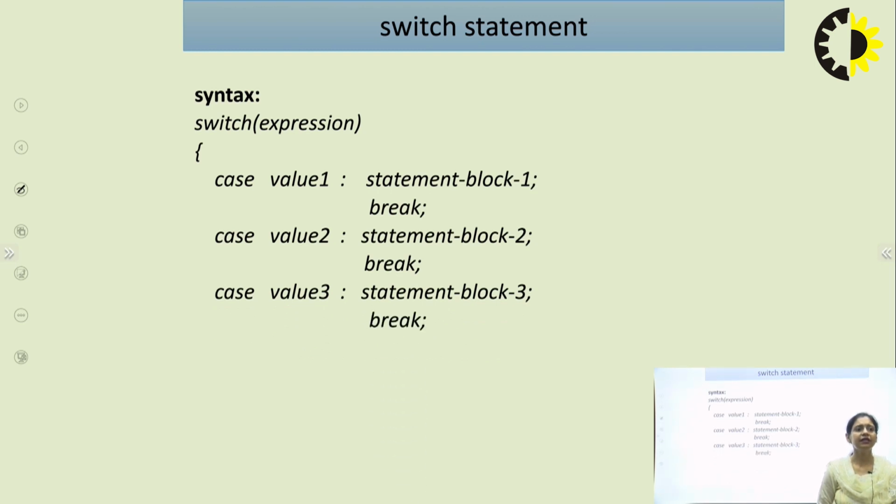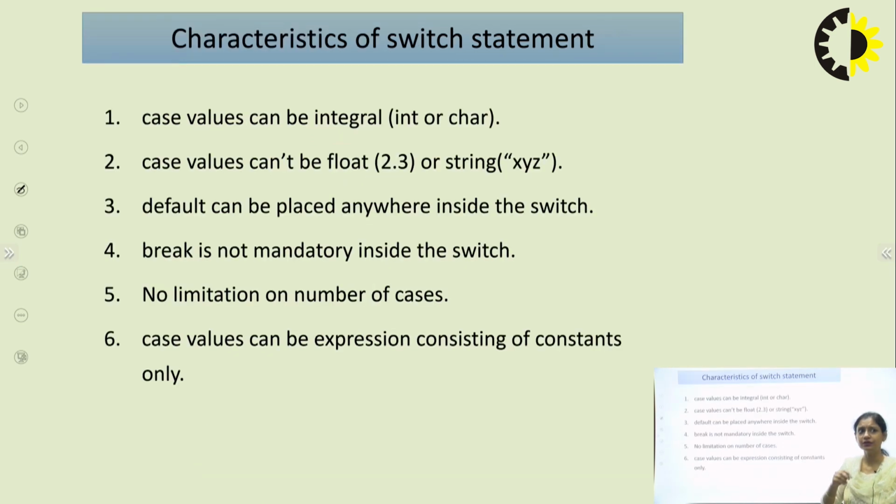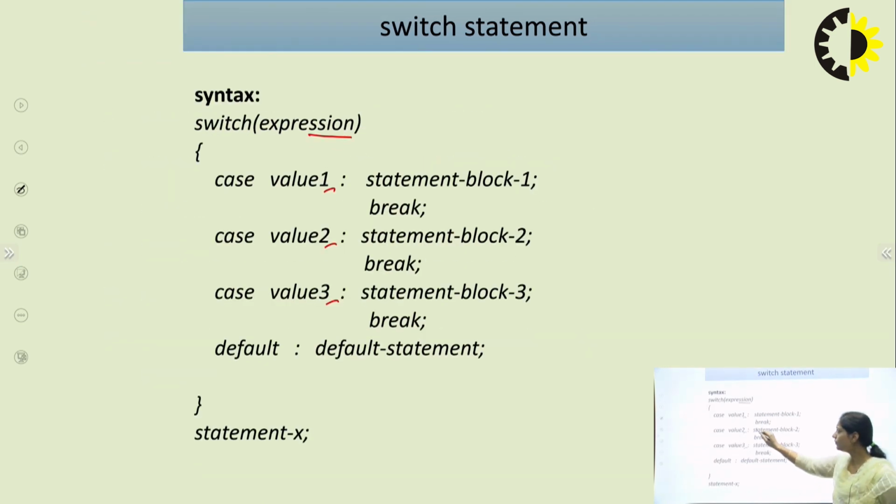Then we have different case values. The case values will be checking the values that are given in the expression. This expression will be matched with each of these case values. When this value matches with the value in the expression, that particular case is executed.